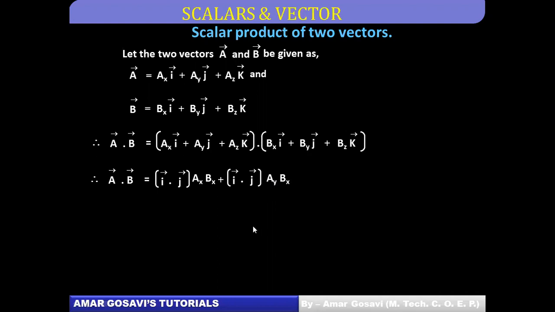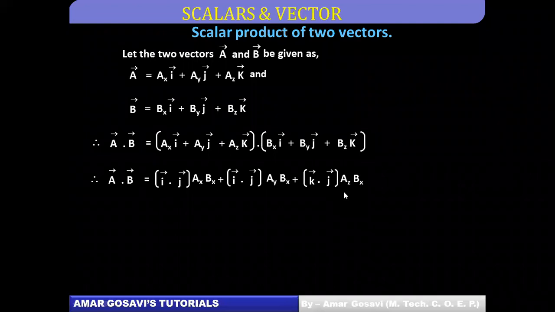Then the third term will be AX I dot BZ K, so let's say plus K cap dot something K cap. First we did I cap dot I cap, then I cap dot J cap. Then the third term, if you are multiplying AX by BZ, should be I cap dot K cap; the K cap dot J cap term should be AZ BY.